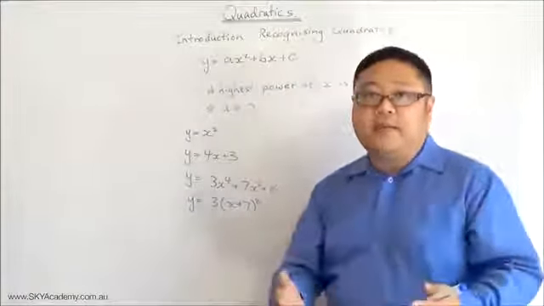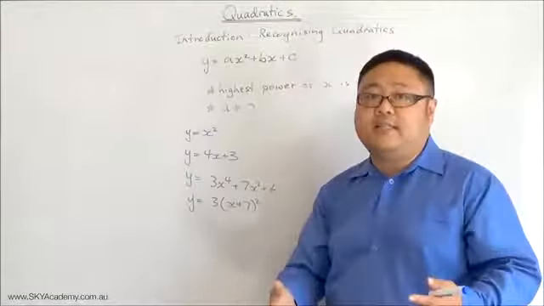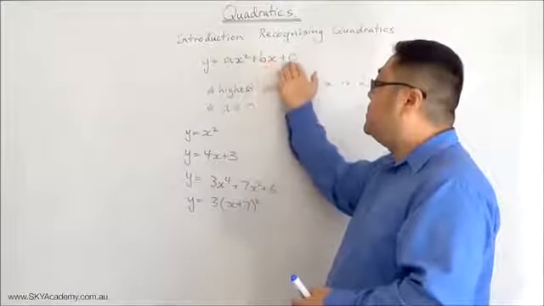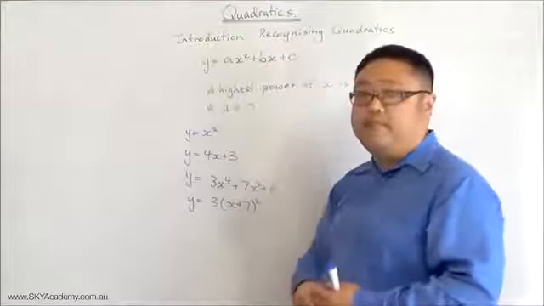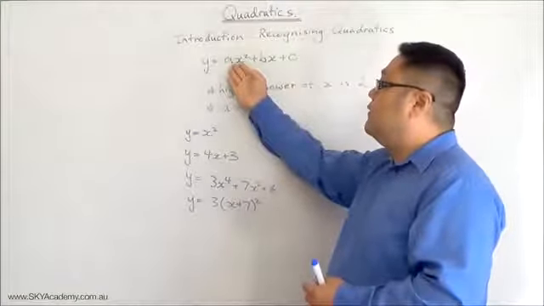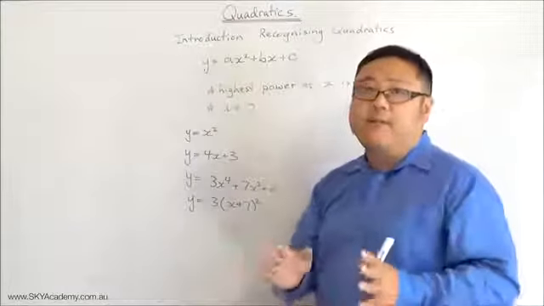The answer is yes, b can equal 0. Can c equal 0? The answer is yes, c can equal 0. So in other words, you don't need the x term or the c term. All you need is for these numbers to be any number except that a cannot be 0.